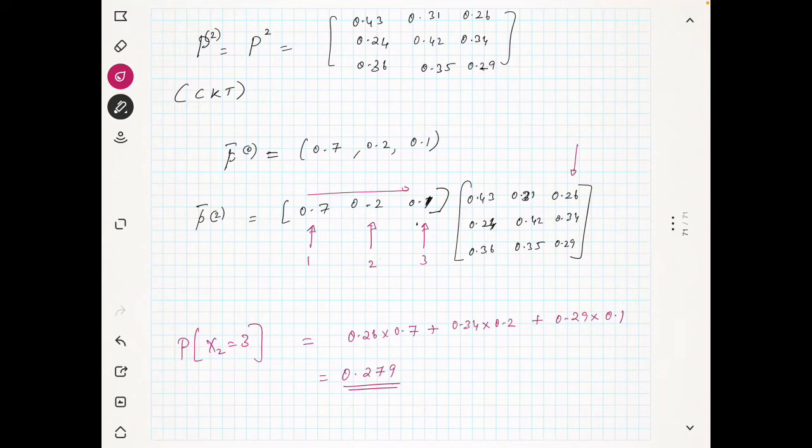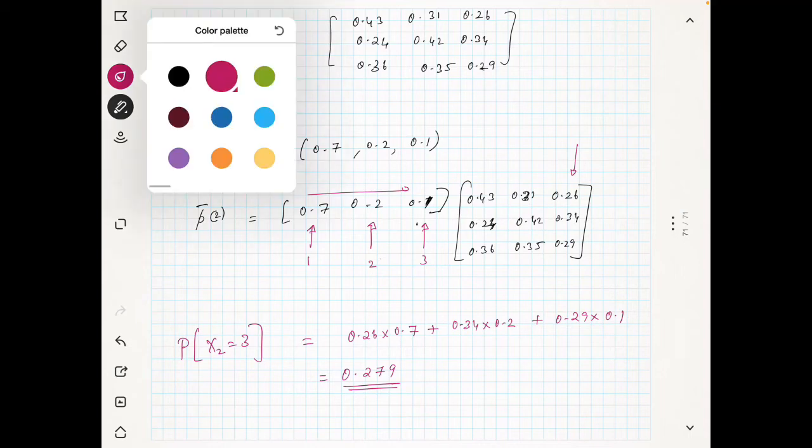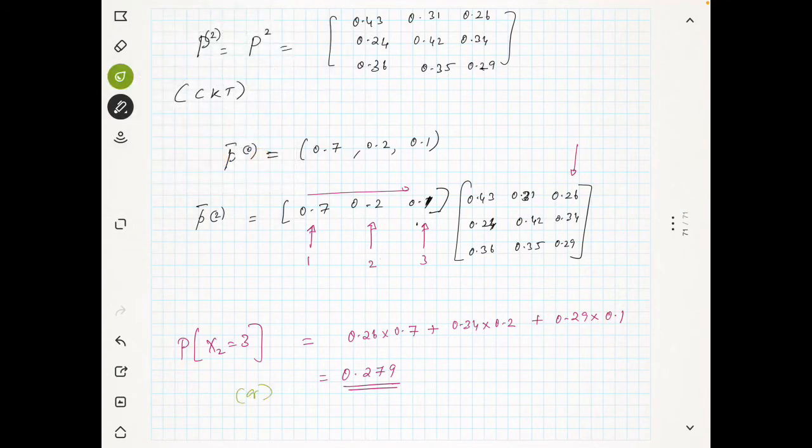We can also write it in another way, by using the formula. The probability that x2 takes the value 3 can be written as the sum over i of the probability that x2 takes the value 3 given that x0 takes the value i, times the probability that x0 takes the value i.